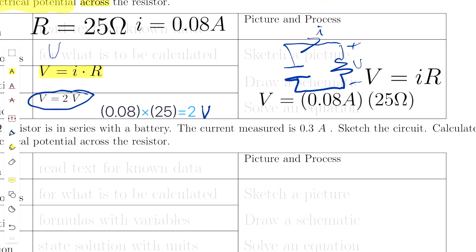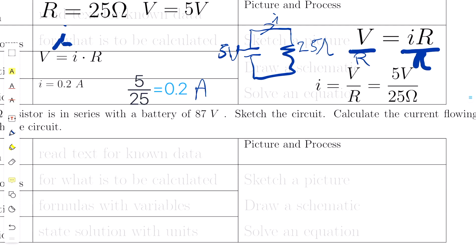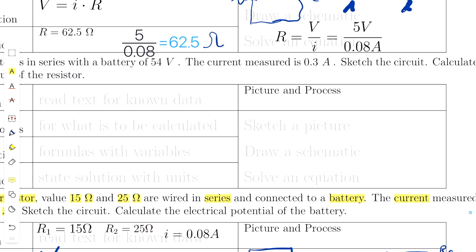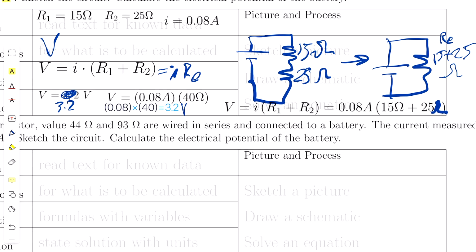So a potential across a resistor causes a current through the resistor, and you can calculate any one of these values using algebra and Ohm's law. If you have resistors in series, you can add them together and get an equivalent circuit. You can always get an equivalent circuit.